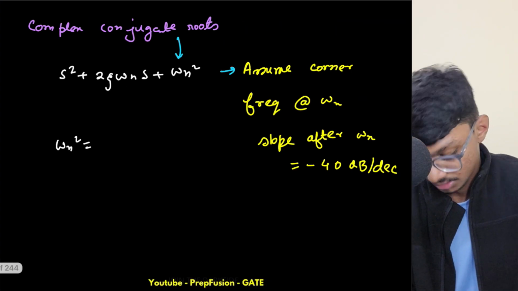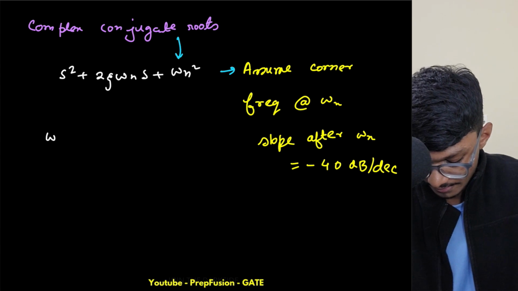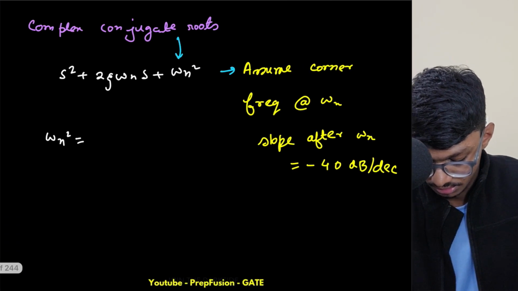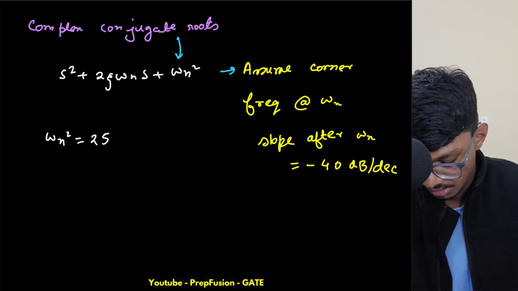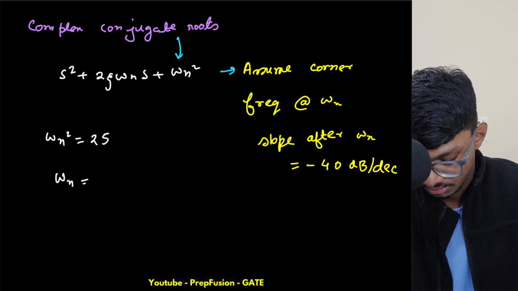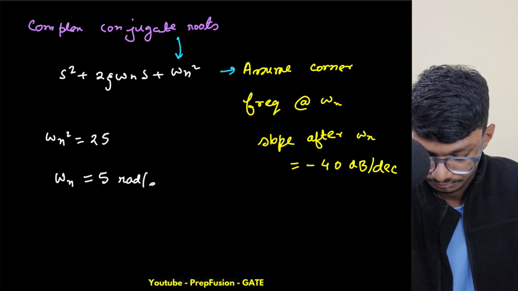So omega n square is 25 and omega n equals 5 itself.